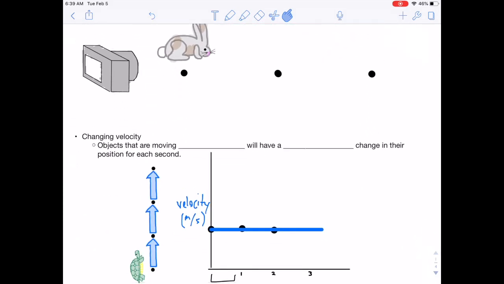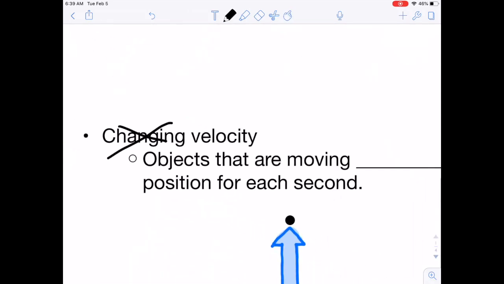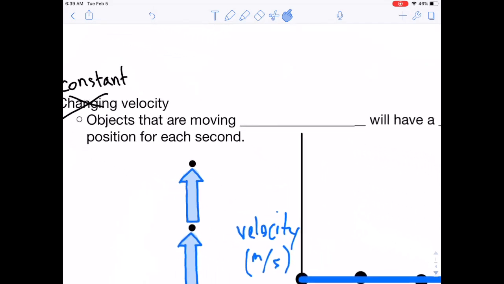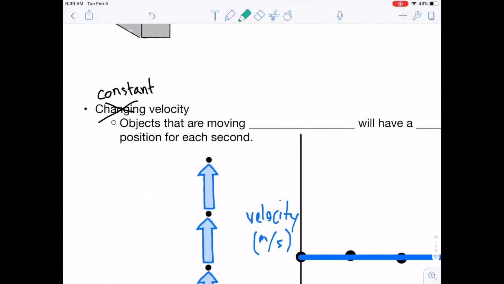Let's first think about a constant velocity. That'll make life a little bit easier if we just first think about a constant velocity and graph that. Boom, constant velocity, not a changing velocity.